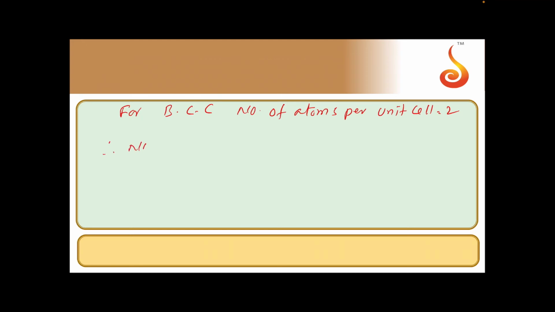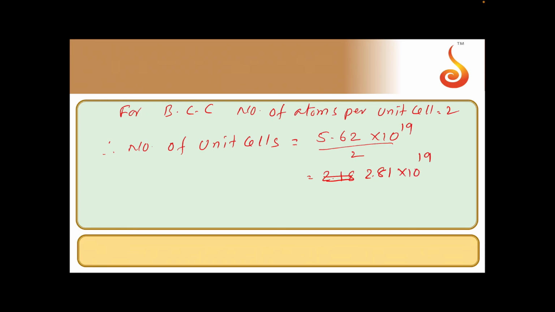Therefore, the number of unit cells is the total number of atoms by atoms per unit cell: 5.62 × 10^19 divided by 2, which is equal to 2.81 × 10^19 unit cells.